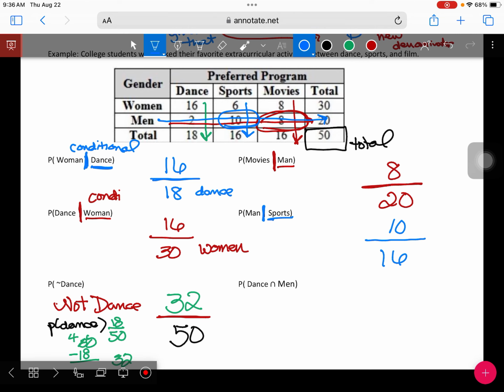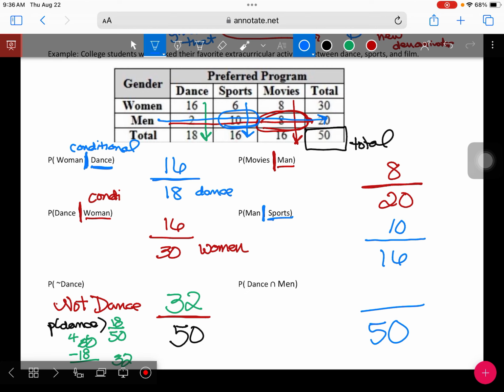Now, what about this one? Is this conditional? No. So what's my denominator going to be for this one? 50. It's back to regular probability. So the bottom number is going to be 50. And is that dance and men, or is that dance or men? That is and. Remember, you say it quickly. Dance and men.